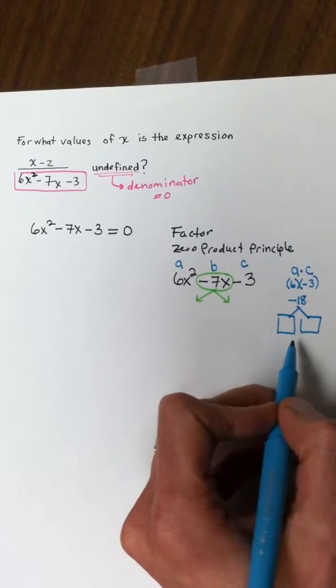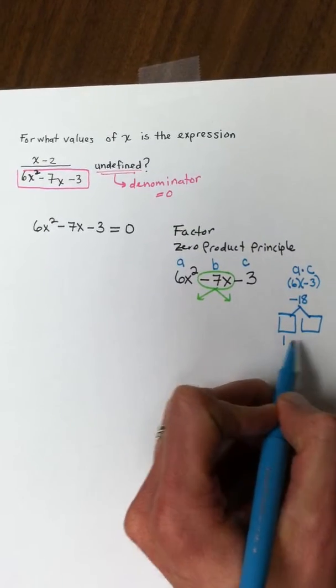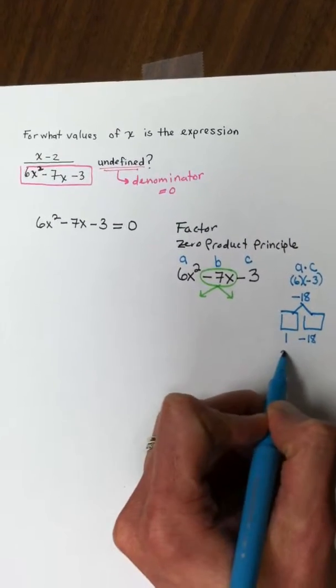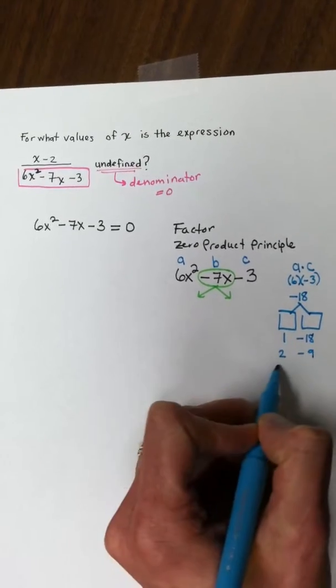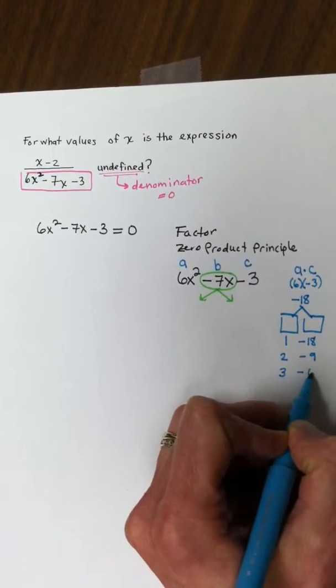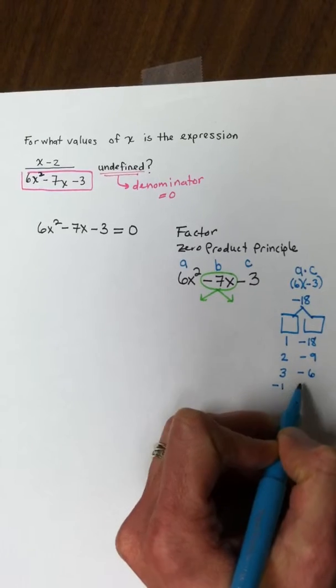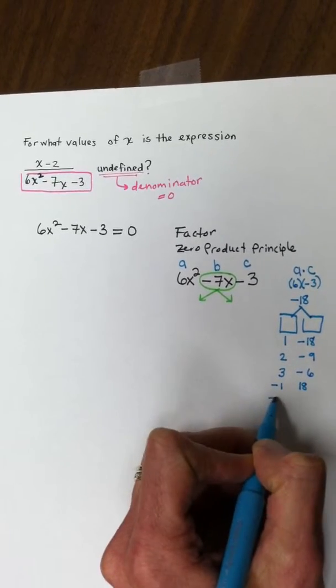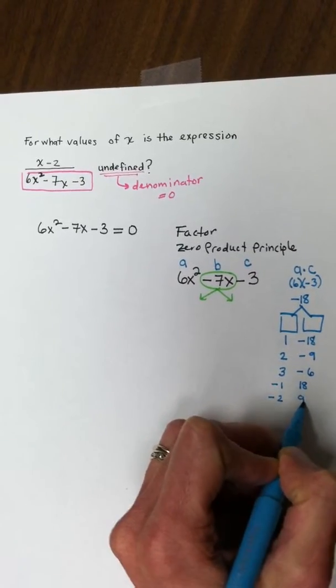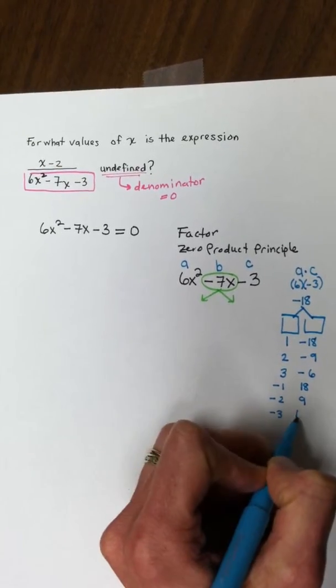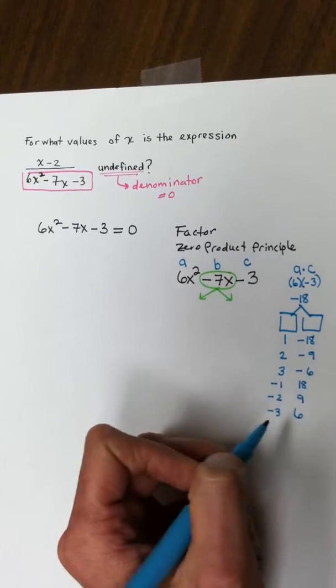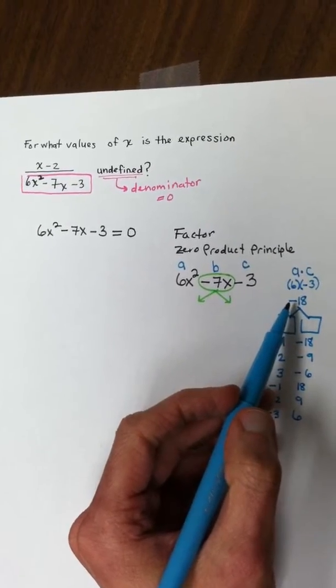There are lots of things that can multiply to negative 18. It could be 1 times negative 18, 2 times negative 9, 3 times negative 6. It could be negative 1 times positive 18, negative 2 times positive 9, negative 3 times positive 6. Those are my integer combinations that will multiply to negative 18.